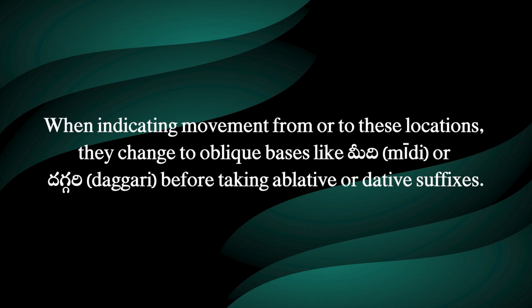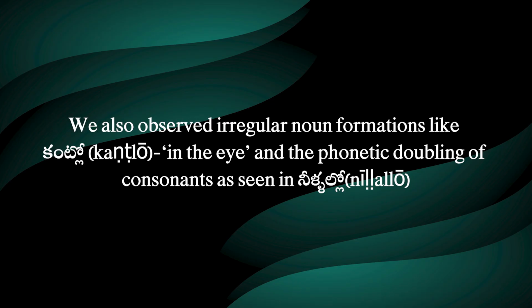When indicating movement from or to these locations, they change to oblique bases like మీది or దగ్గరి before taking ablative or dative suffixes. We also observed irregular noun formations like కంట్లో, in the eye, and the phonetic doubling of consonants as seen in నీళ్ళల్లో.